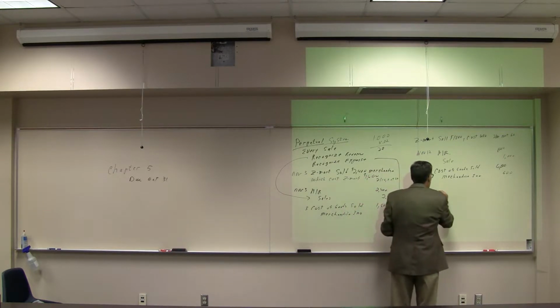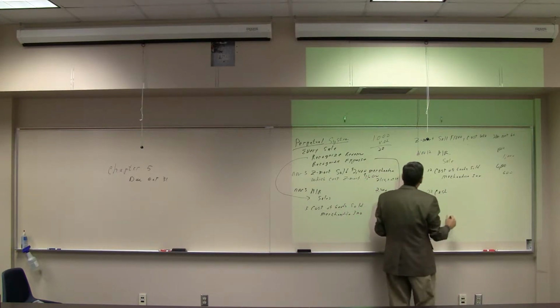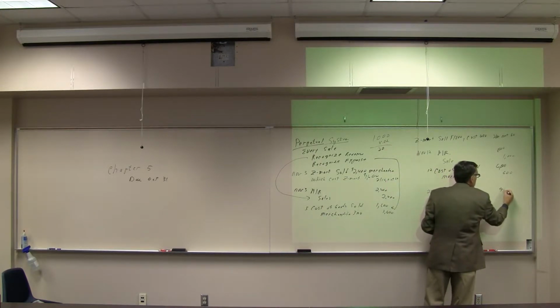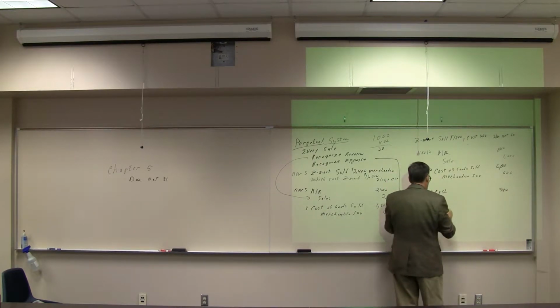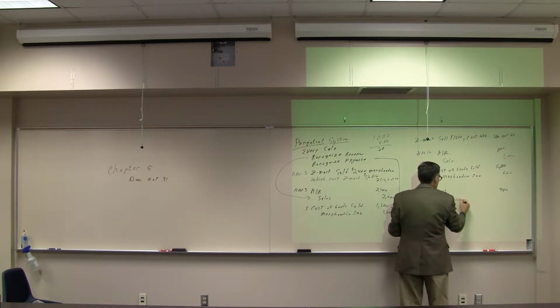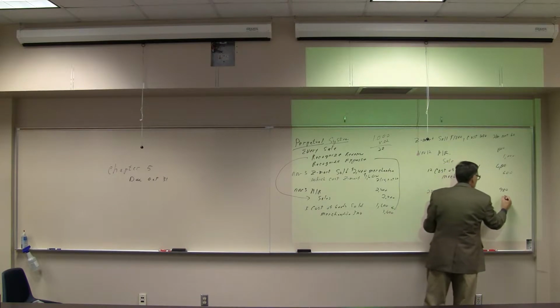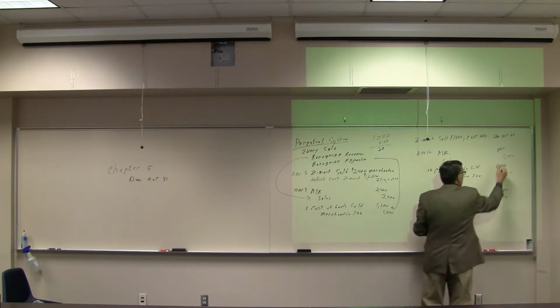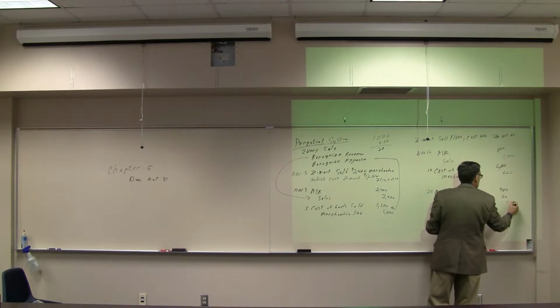We're going to debit cash, and if they owe $1,000, take $20 off, they're going to pay us $980 in cash. Sales discount will be debited for the $20, and the accounts receivable will be credited for the full amount, the $1,000. Okay.